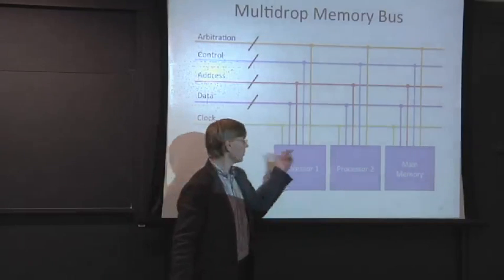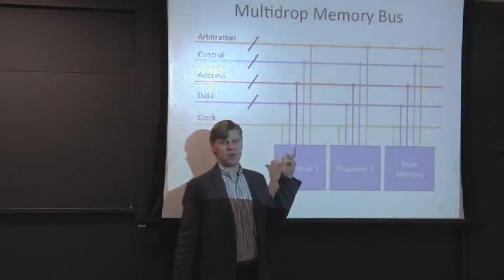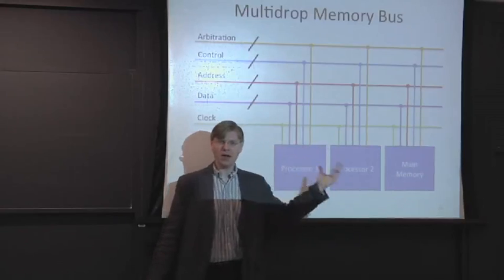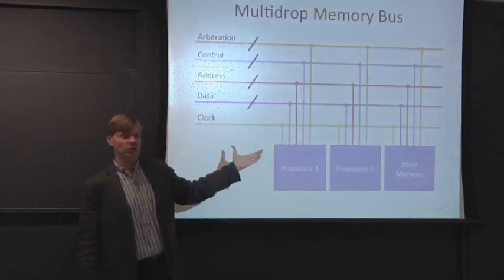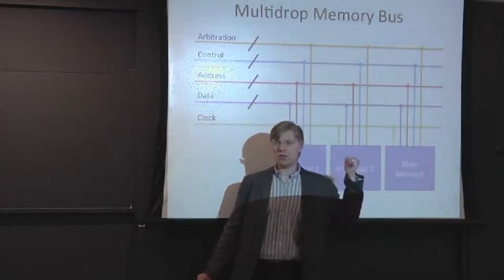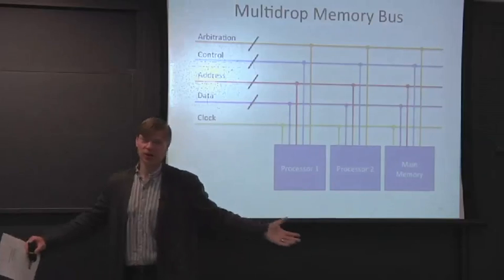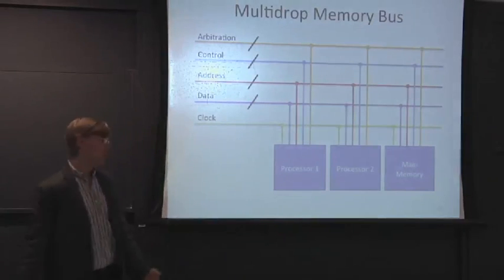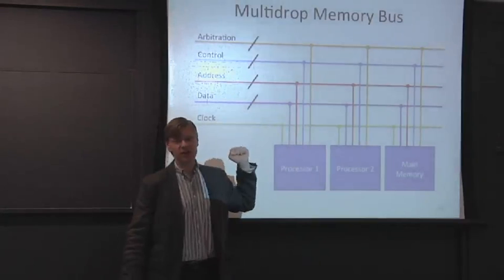And when you look at this, there are some positives and negatives in a multi-drop bus. The positive here is that you don't have to route. If you want to have one processor communicate with main memory or read main memory, it can just shout, saying, where is address 5? And main memory can say, I have that, and here's the data.